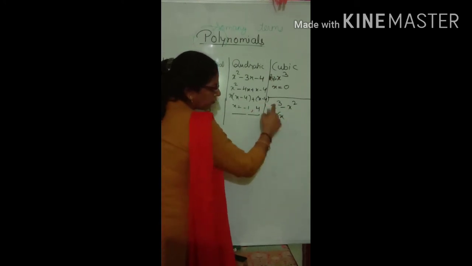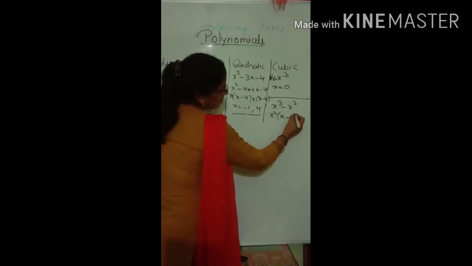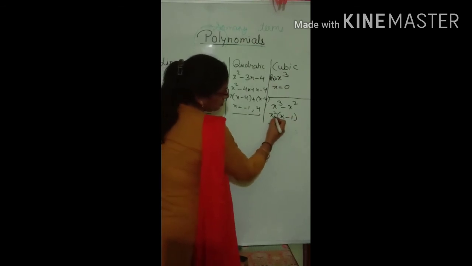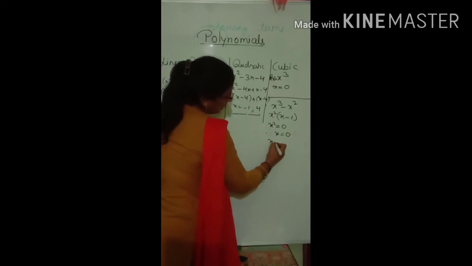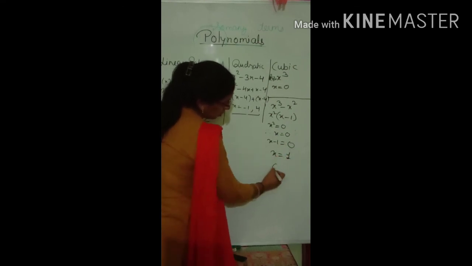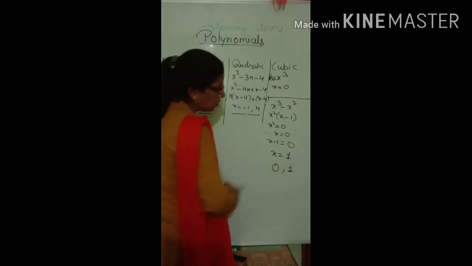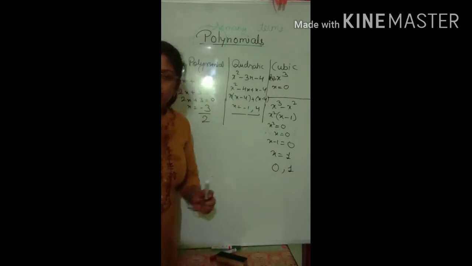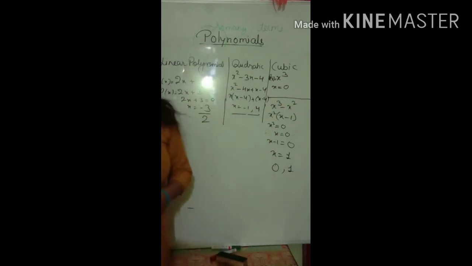If you cannot factorize, take common. x square into x minus 1. First x square equals 0, therefore x equals 0. Then x minus 1 equals 0, which shows x equals plus 1. So there are two zeros, 0 and plus 1. Clear? So there are two zeros of this cubic polynomial.